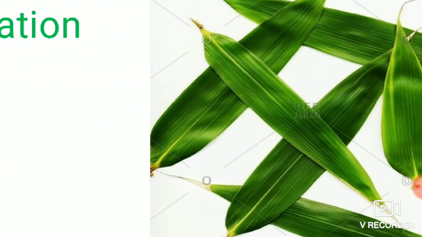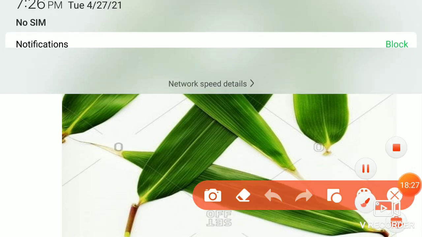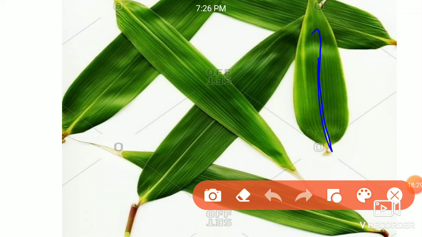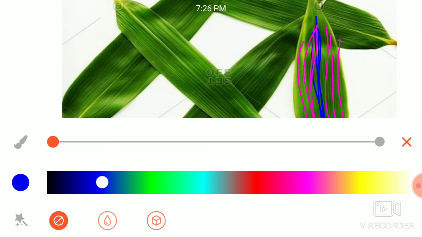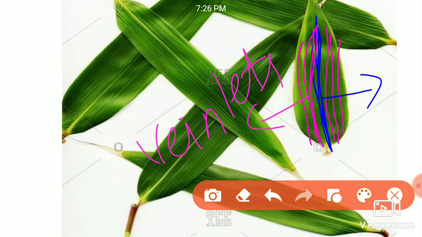The meaning of parallel venation is that the leaf will have a main vein. You can see that the main vein is there. Along with the main vein, the veinlets are also in the same direction, as parallel lines. The main vein is central, and on both sides there are veinlets. So this is the veinlet and this is the vein.